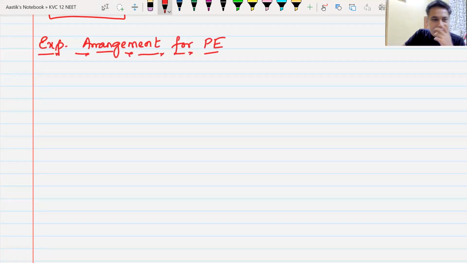Now, in your books, you might see some very fancy diagrams for this. I'm not for fancy stuff. I just give you the simplest possible diagram, which makes the point clear about what is going to happen here. I'll try to make sense out of that diagram rather than giving you a diagram which probably does not make any sense.